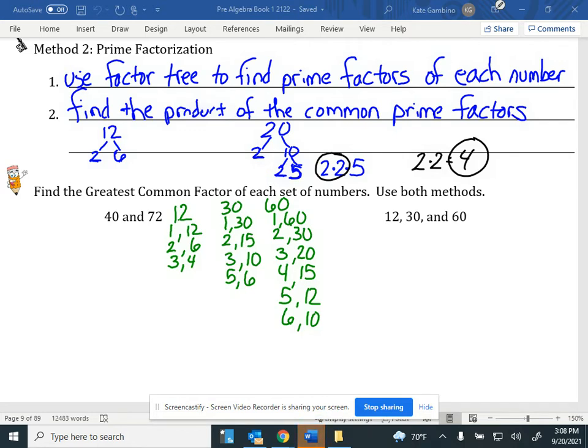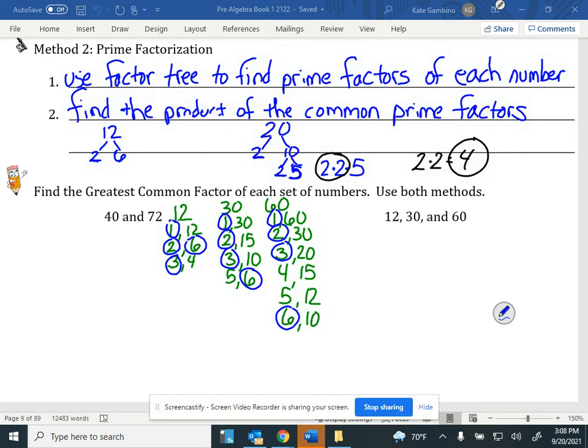So my second step is finding the common factor that all 3 numbers share. So they all share a 1, they all share a 2, they all share a 3, they all share not a 4, not a 5, they all share a 6.